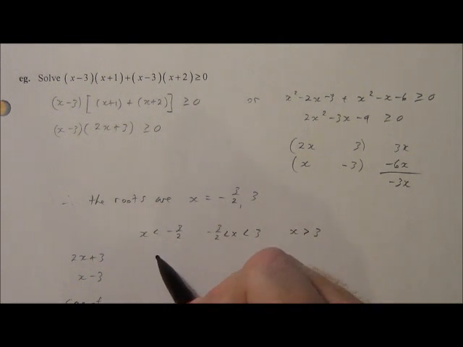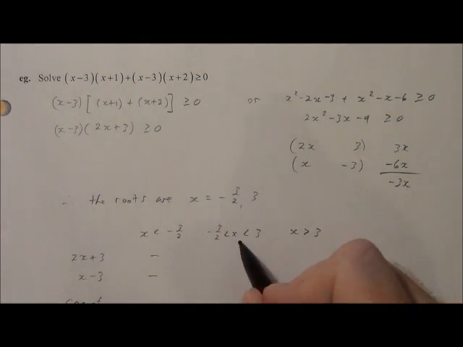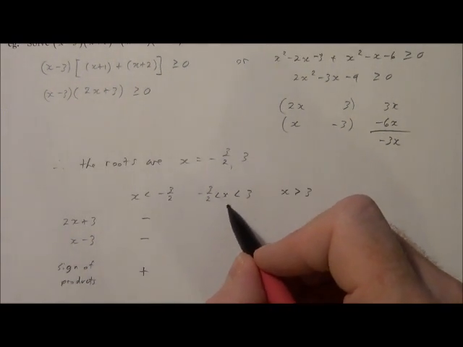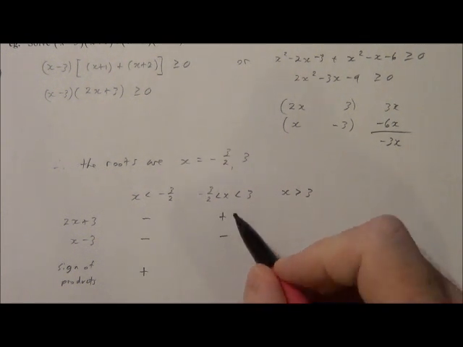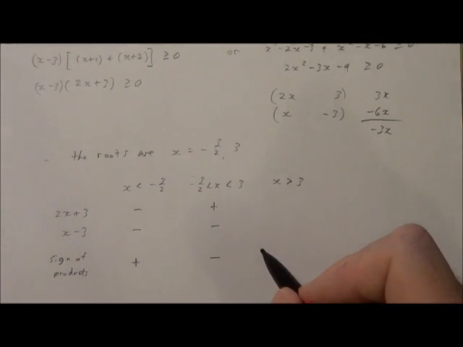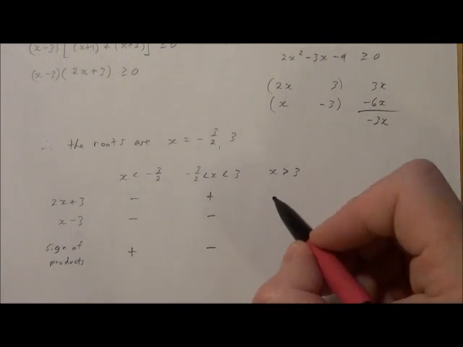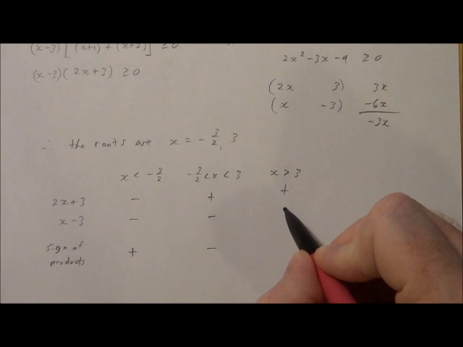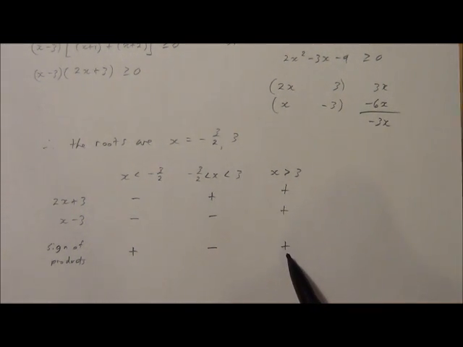So we'll get, if I choose, say, negative 2 here, this will give me negative, that'll give me negative, multiply them together, you get positive. In here, between negative 3/2 and 3, I'm going to use 0. So that gives me a positive here and a negative here, multiply those two together and we get a negative result. And we have x greater than 3, then that means we're going to have positive, and multiply those two together, and the product again will be positive.